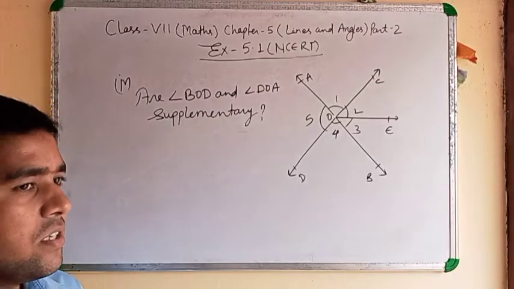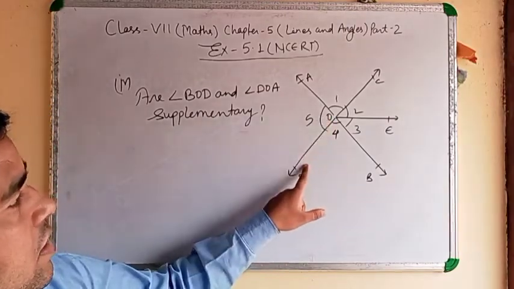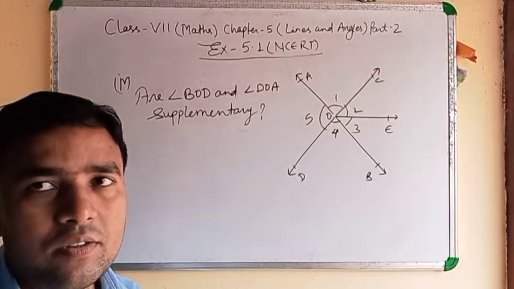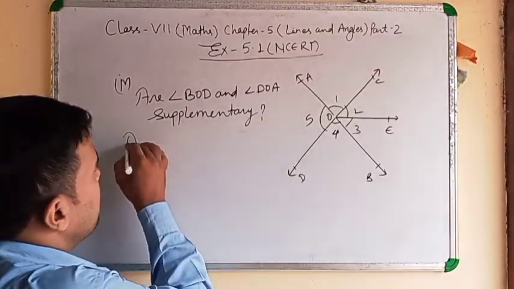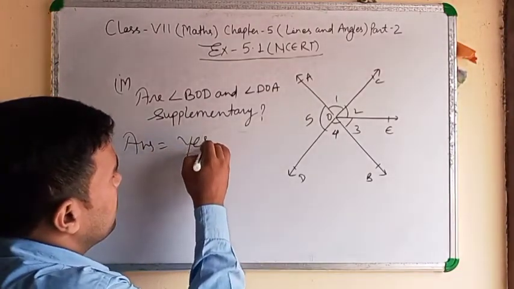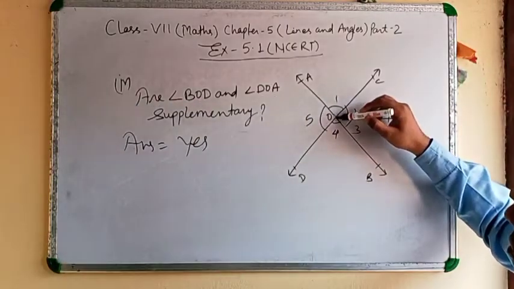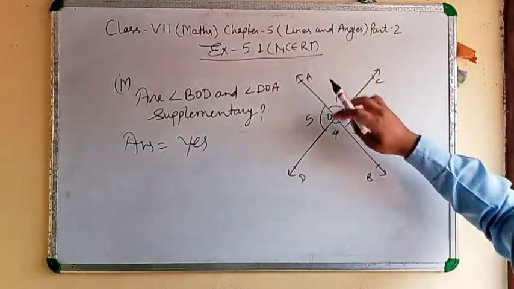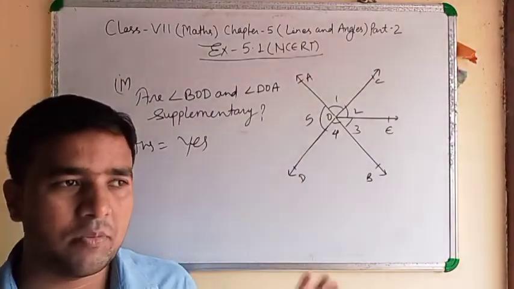The question is asking whether angle BOD and angle DOA are supplementary or not. Both are supplementary, which means the answer is yes, because see, BOD and DOA are a linear pair, which means they are also supplementary.